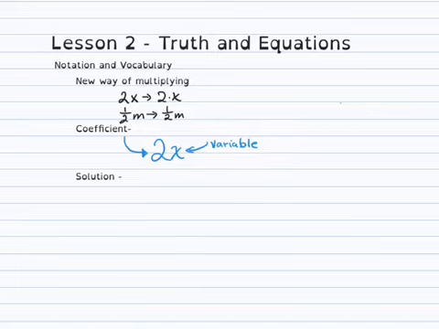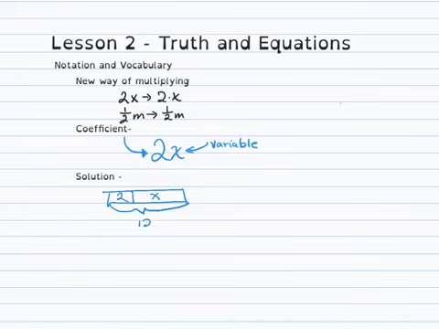Next is solution. In algebra, we have solutions to equations. Let's go back to the problems that we were working on yesterday. Say that I have 2 and x, and I'm telling you that this is going to be equal to 12.